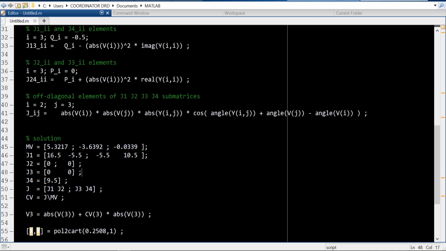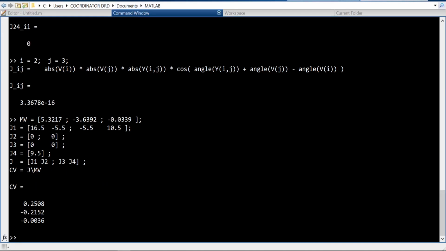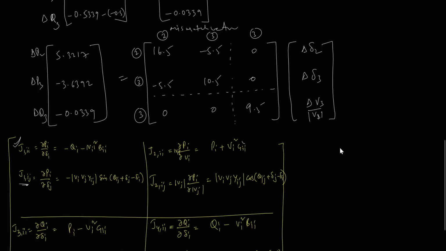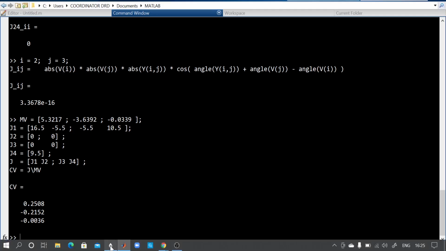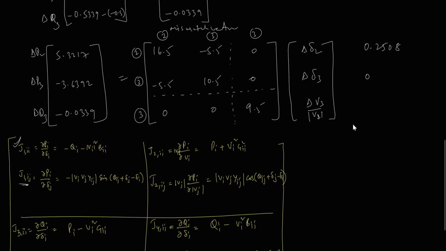Now if I run this one, I'll get the correction vector, which is equal to these 3 values: 0.2508, minus 0.2152, and minus 0.0036. These last two are minus values.